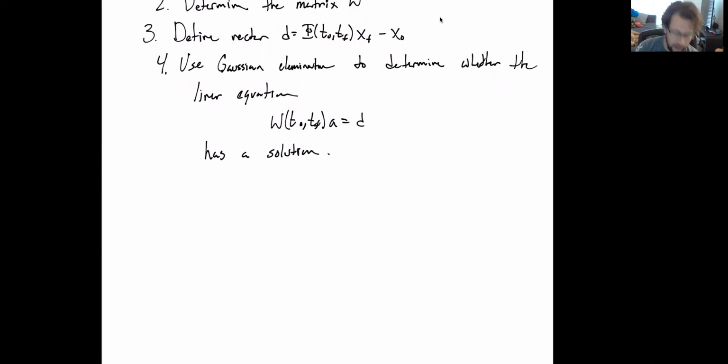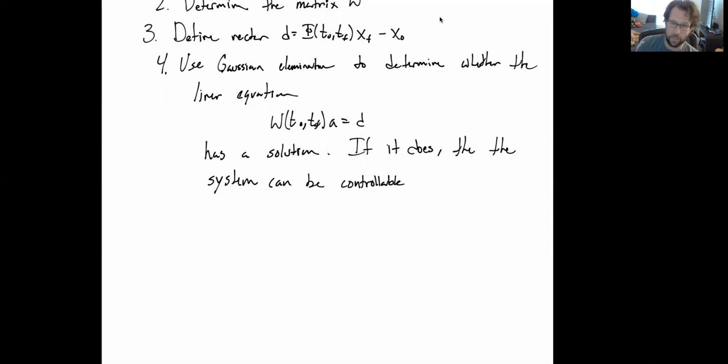So if it does have a solution, namely if A exists, then the system can be controllable.